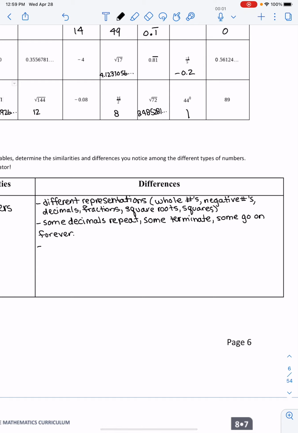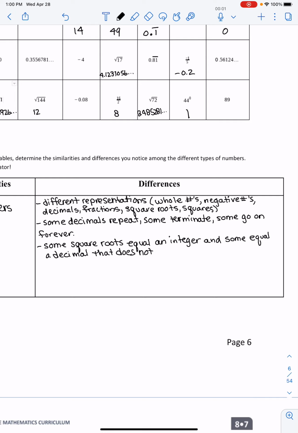Some square roots equal an integer, and some equal a decimal that does not terminate or repeat.